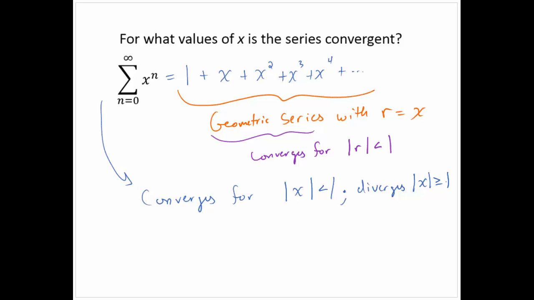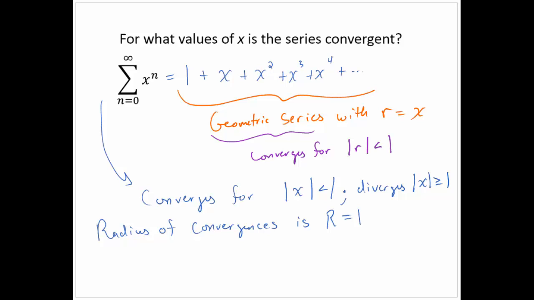Now, a little bit of terminology that we'll discuss in more detail a little bit later. We say that the radius of convergence for this series is r equals 1. The radius of convergence is 1.